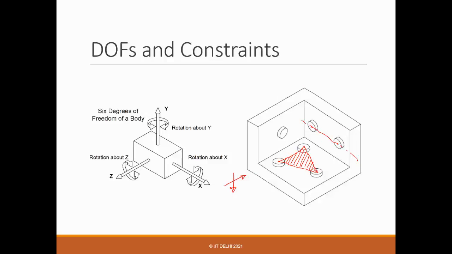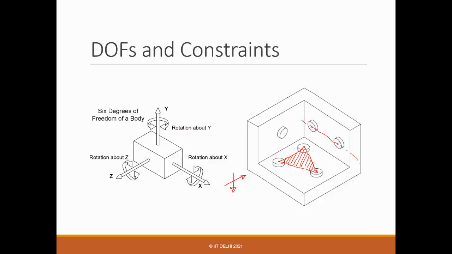Do you think there will be any other point where it will make contact? Not possible. If you maintain these 3 contacts at the bottom surface and keep pushing, it will make contact at 1 point, and it may rotate, and then it will make contact at another point, and that's it.